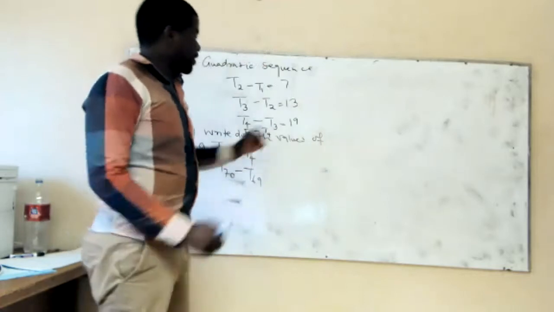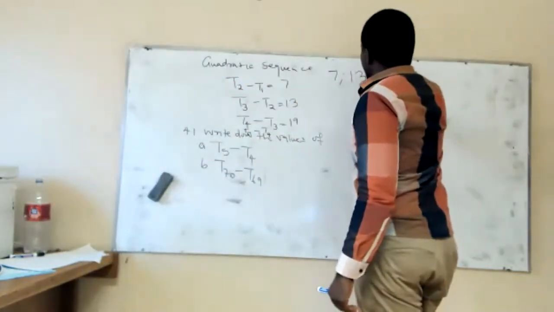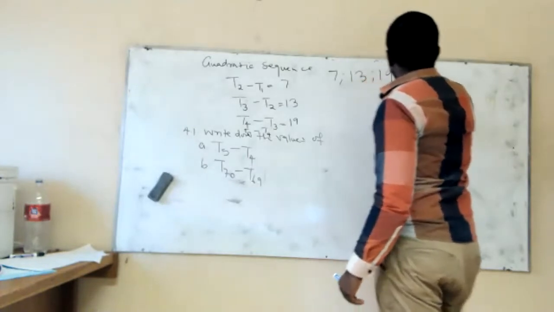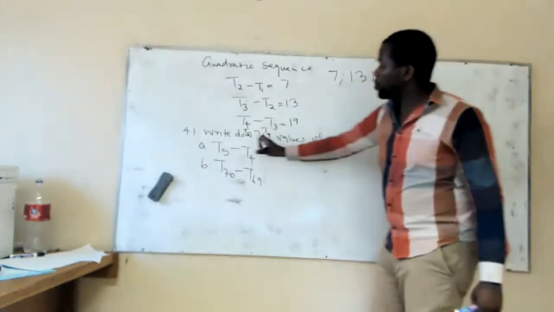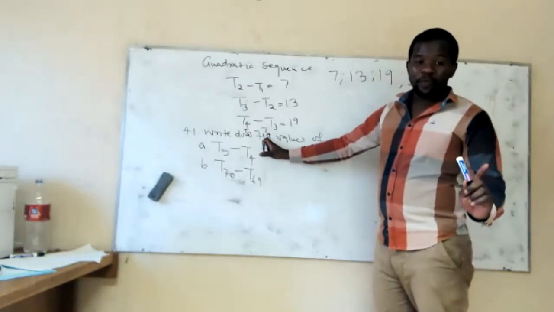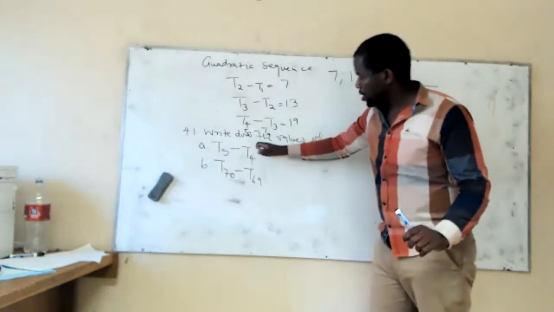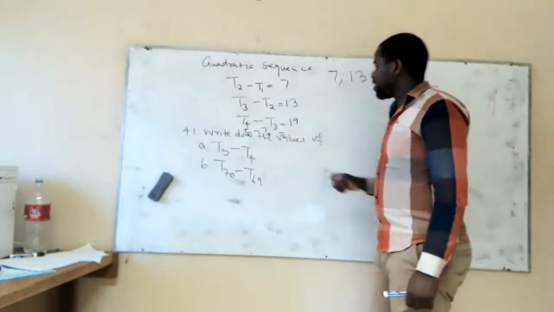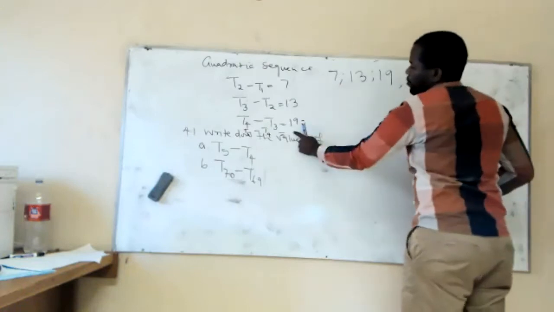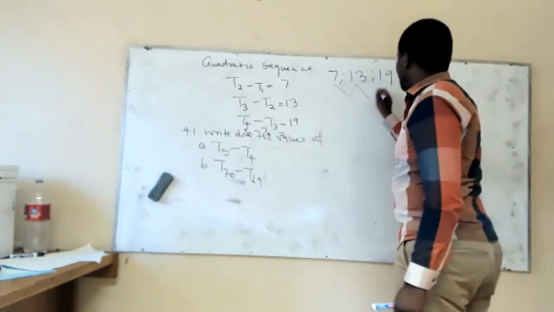So now let's see the sequence we have here: 7, 13, and 19. The next term we're going to get is T5 minus T4. I believe you were able to follow this sequence, which in turn gives the next term. Let's take the difference and see if it applies in this case.